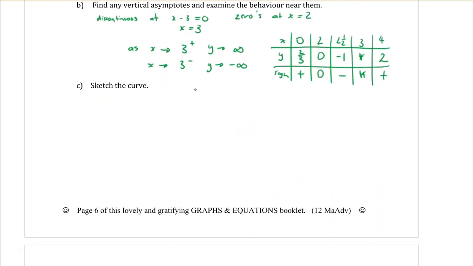So start with the asymptotes. Hopefully it's a nice, neat sketch. All right, we started with the horizontal asymptote at y equals 1.